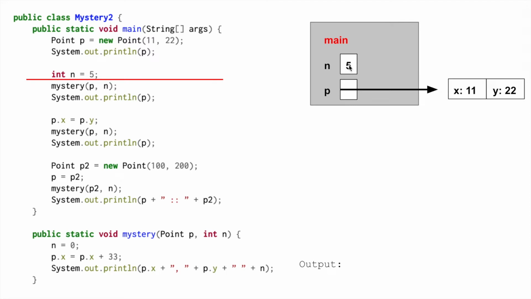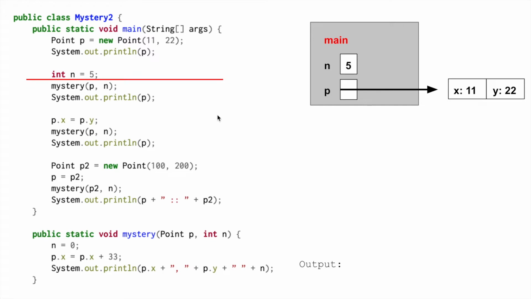So instead of having some arrow coming out of n, we're just going to put this 5 value directly in this box here. As is the case for all primitive variables, you should think of this n and this 5 as being exactly the same. They are interchangeable. So if I ever copy or reassign n, I'm directly going to change this 5 value in the box, or directly copy it in the case I am copying it.